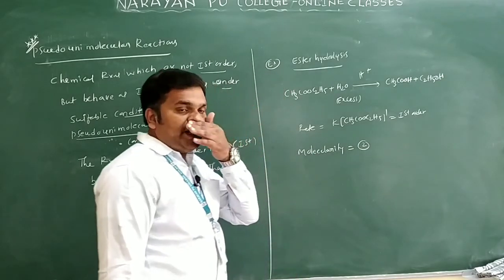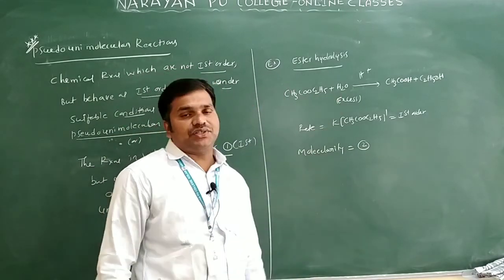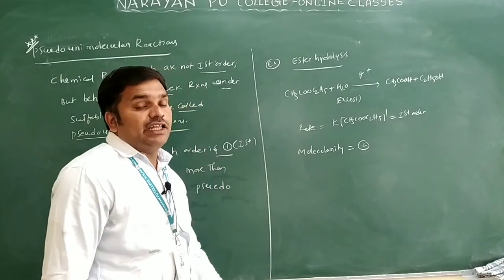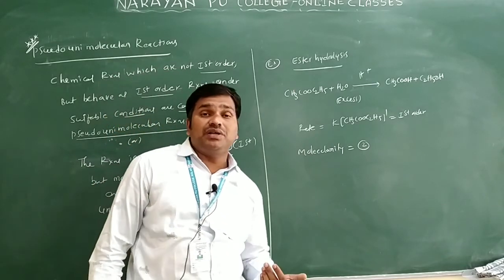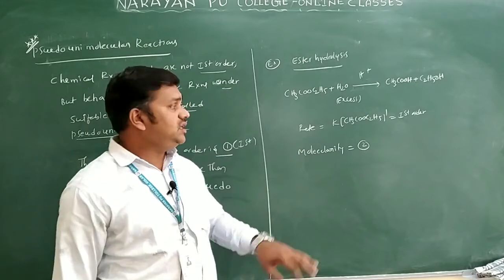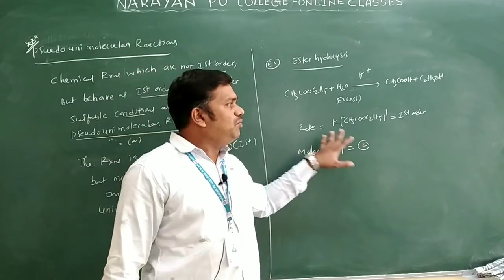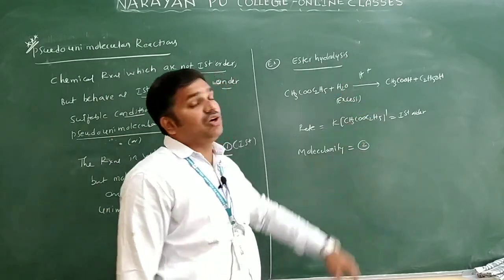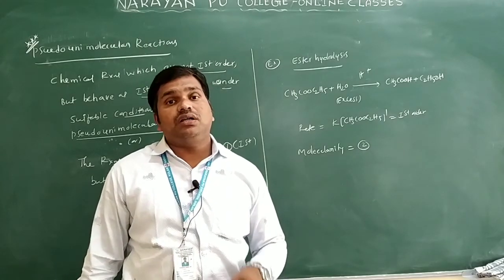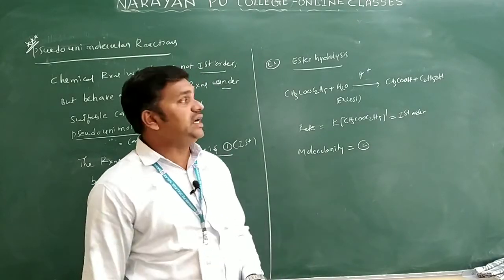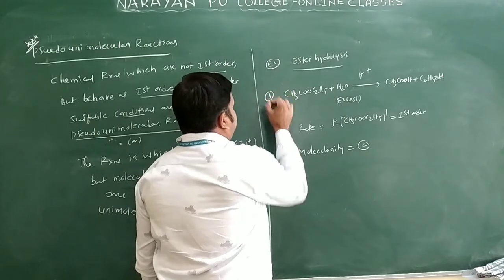It is 2, because there are 2 reactant molecules. The number of reactant molecules involved in an elementary reaction is called molecularity. The molecularity is 2 but the order is 1. This is an example of a pseudo first order, or pseudo unimolecular, reaction: ester hydrolysis.